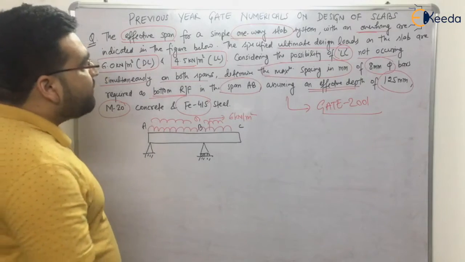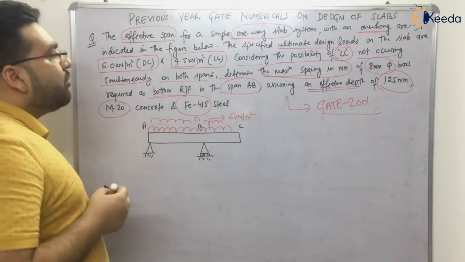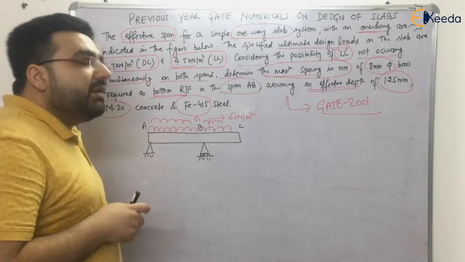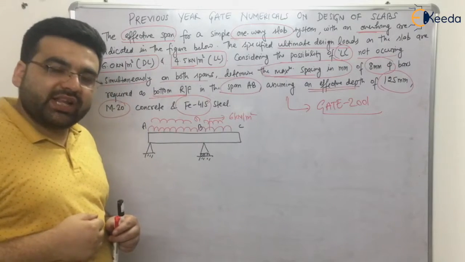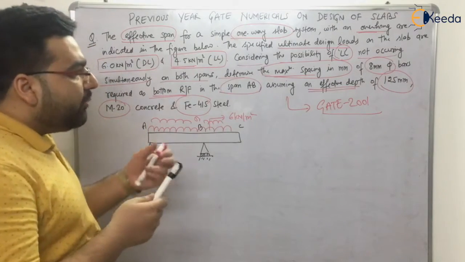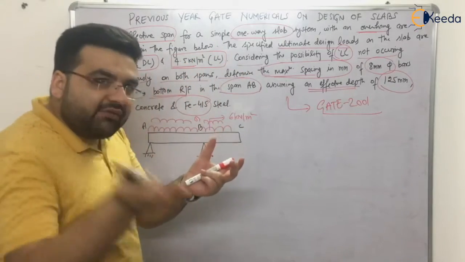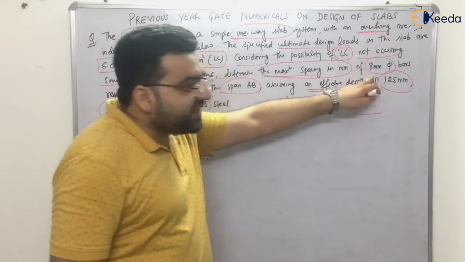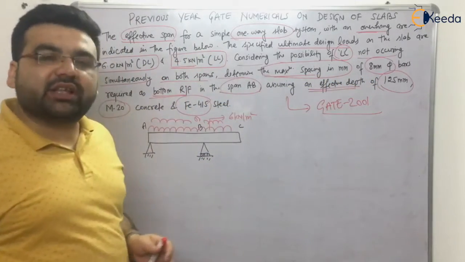Now we have to calculate the maximum spacing in mm. Before calculating the maximum spacing, we must calculate how much steel is required. Because when you know the total amount of steel, if you divide it by the area of a single steel bar, you will get the spacing between the reinforcement.